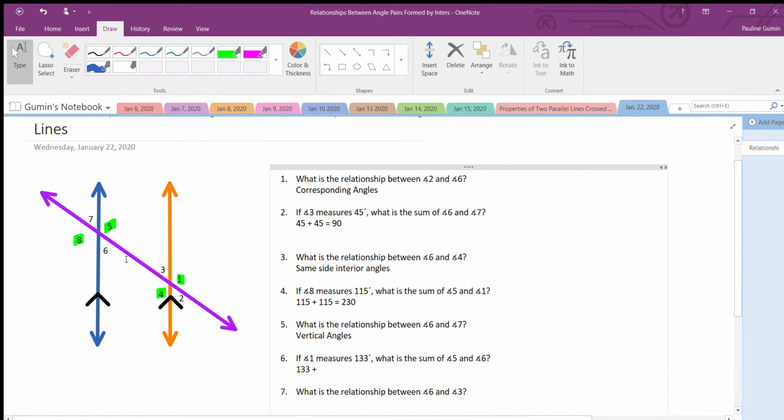Well, 5 and 6, if you take a look, they form the blue line. They're a linear pair. And what do we know about linear pairs? Well, they add up to 180 degrees. So I don't really need to find the angle of measure 6 because I know that when I add 5 and 6, they will create a straight line which makes 180 degrees. All right, that was easy.